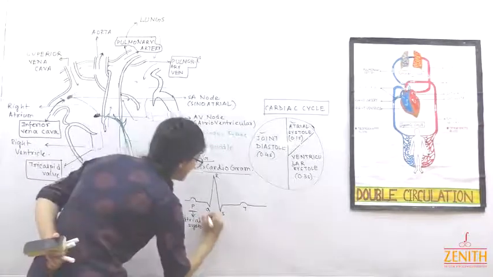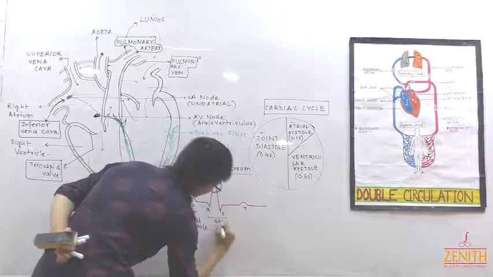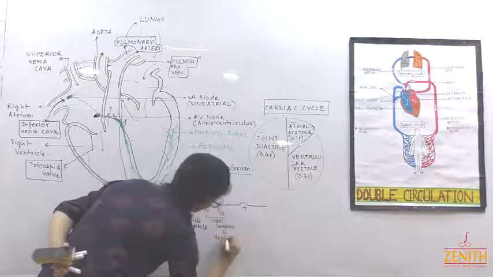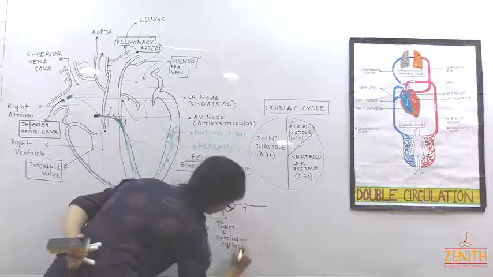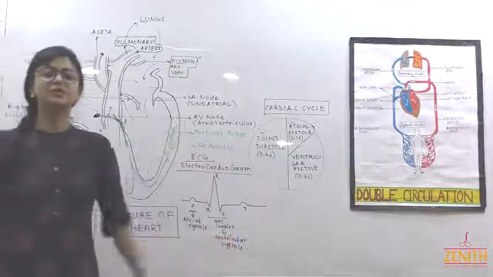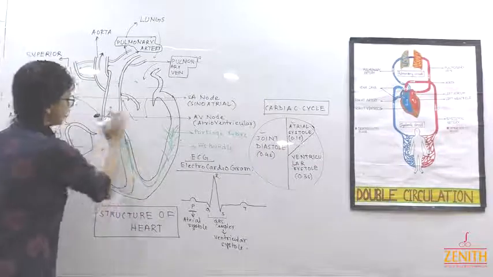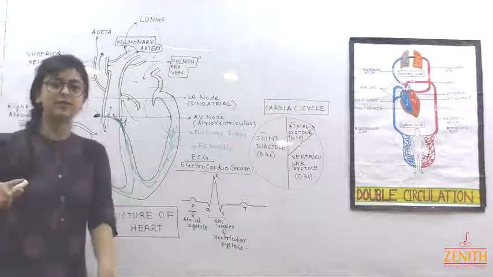Then there is the QRS complex. It indicates the ventricular systole, where the electrical impulse is transmitted to the different regions of the ventricle.